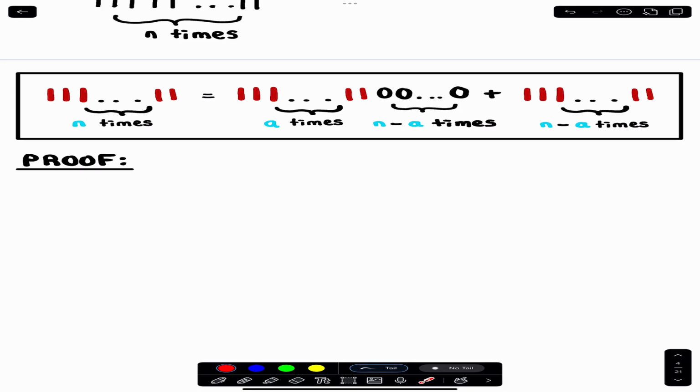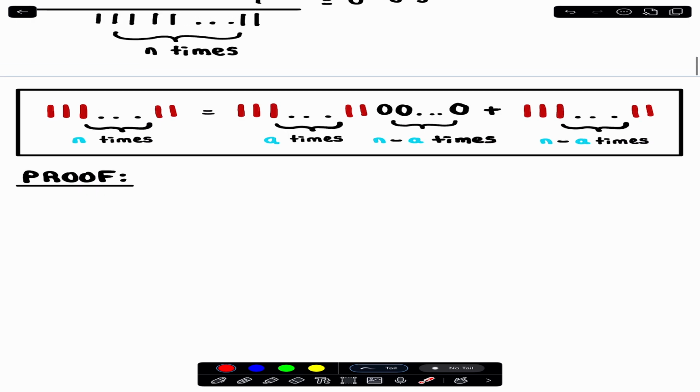So it says if we have n copies of this one, so the nth rep unit, then we can always break it off into little chunks.